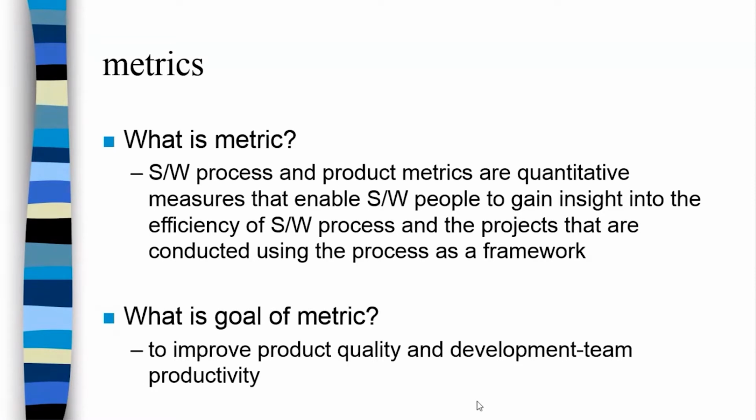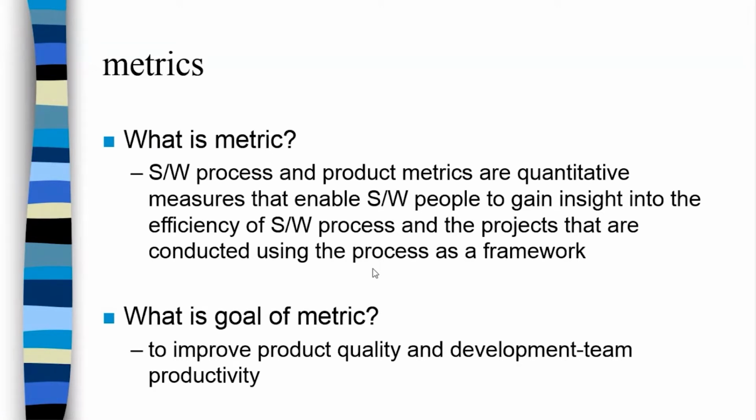Now, what is the goal of the metric? As I told you, to improve the product quality and development team productivity, you can use this metric. It is basically concerned with productivity and quality measures, and these are measures of software development output as a function of effort and time.